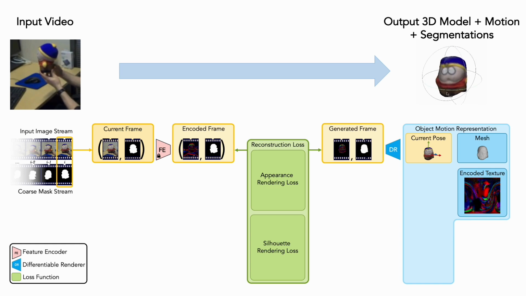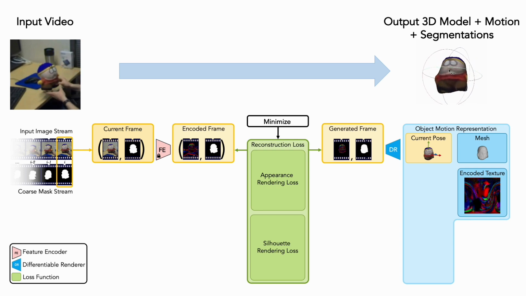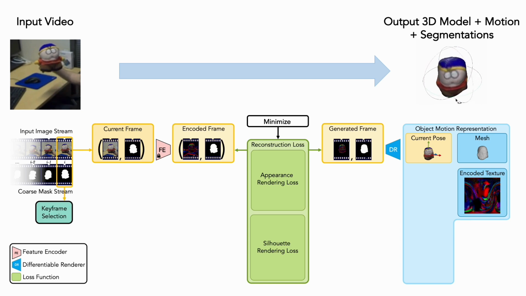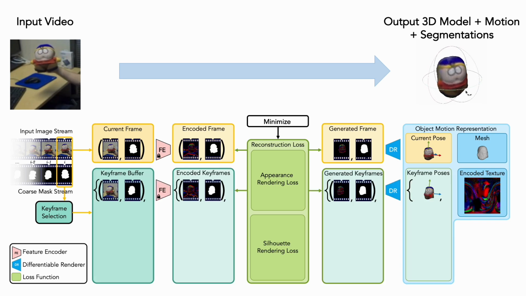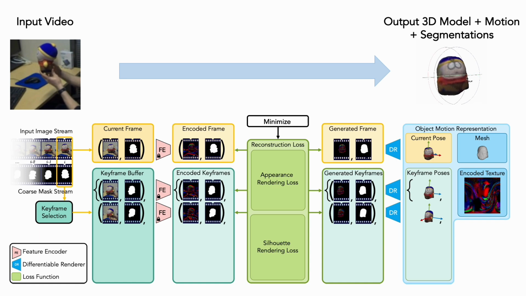Minimizing this loss allows us to backpropagate reconstruction errors into the object representation, and thus iteratively refines the object and motion representation. In order to compute motion, we also save a selected set of keyframes. Each keyframe has its own input encoding and separate keyframe pose, while the object shape and texture should be the same to explain the input frame and all keyframes, which are aggregated over time.